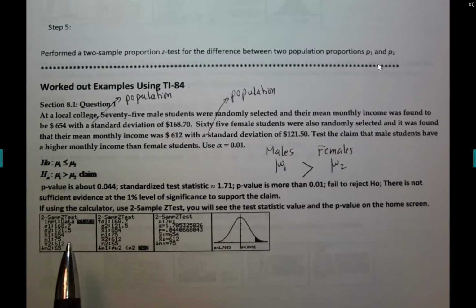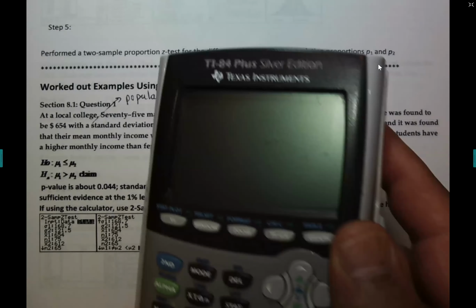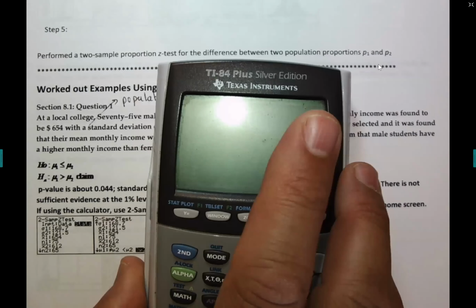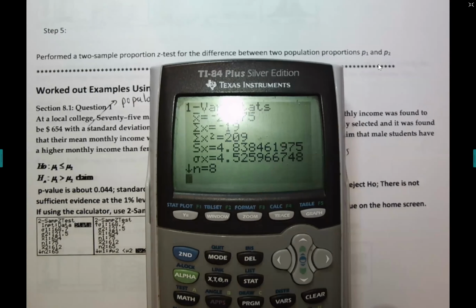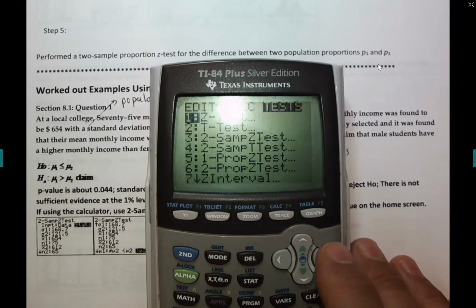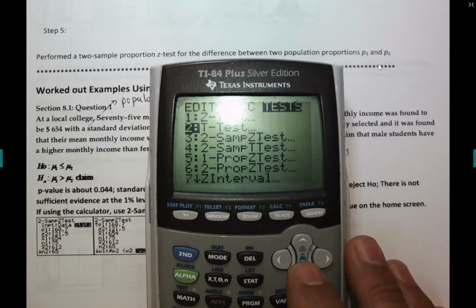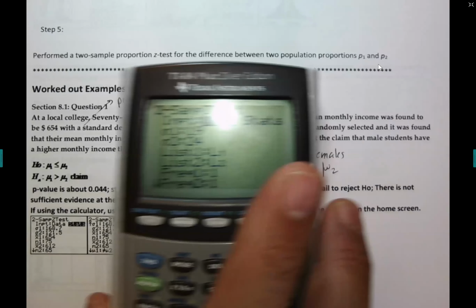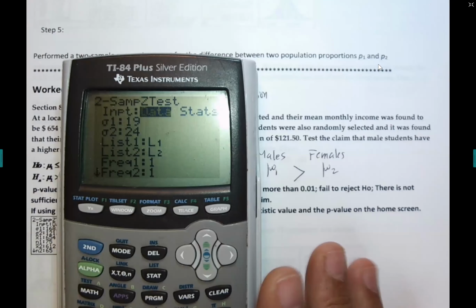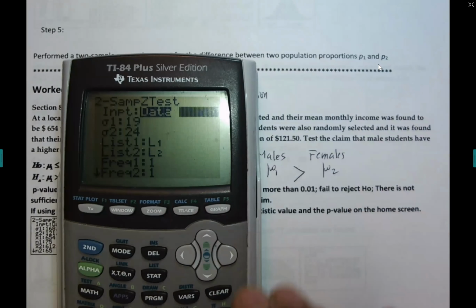Now, all we have to do is go to the calculator and input the values. You already saw the screenshots, but let me just demonstrate that to you guys. So you turn the calculator on, stat, tests, and it is a two-sample z-test. It's number 3, guys. All right. So input is summary, so stats. Sigma 1, you see he wants sigma 1 to begin with. And what was sigma 1?